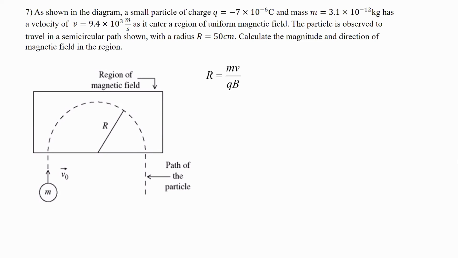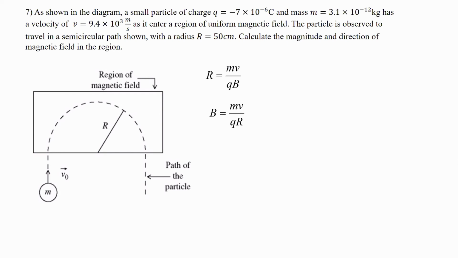All right, so what we want to do next is to determine the magnetic field in terms of these parameters. These parameters are given to us in the problem. We have the mass, we have the velocity, we have the charge, we have the radius, the gyro radius. So we now can just isolate the magnetic field.